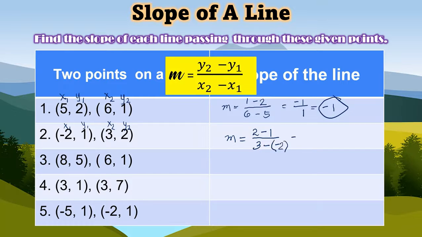And so performing the operation, 2 minus 1 is 1. 3 minus negative 2, so this becomes positive 2. So 3 plus 2 is 5. So the slope is 1/5. It's positive. Therefore, the line leans to the right. The line is going uphill. So, for number 3, 4, and 5, I leave you these 3 items as your assignment.